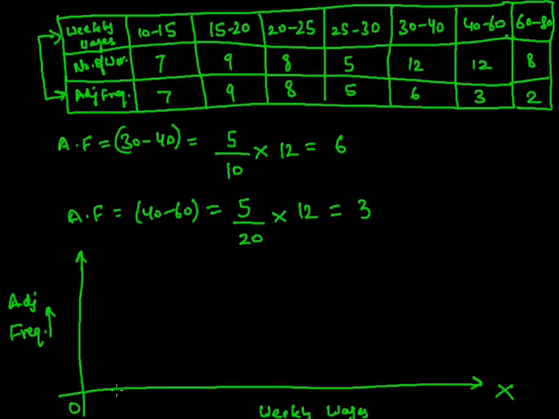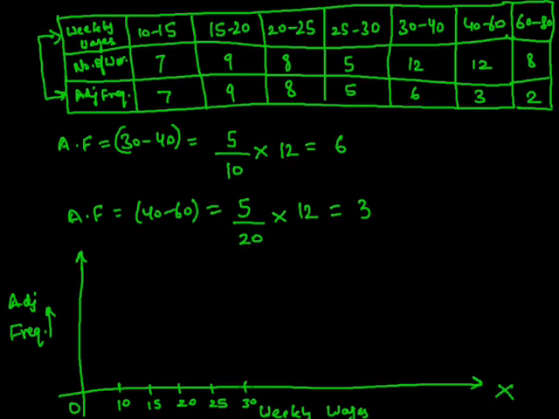Now we'll take the class intervals as they are given, that is 10 to 15, 15 to 20, 20 to 25, 25 to 30. As the class size is the same till now, we have taken the same gaps between the class intervals; the gap for 10 to 15 is the same as that of 20 to 25 and 25 to 30.